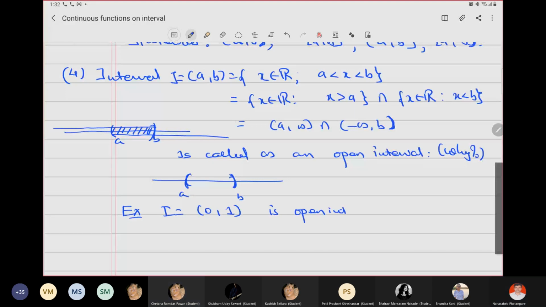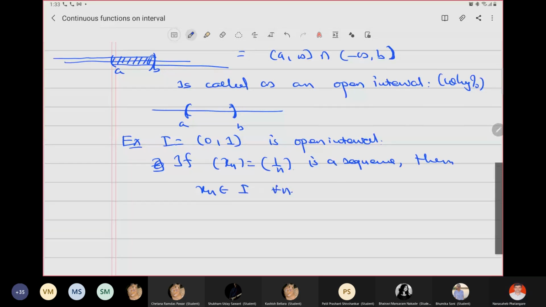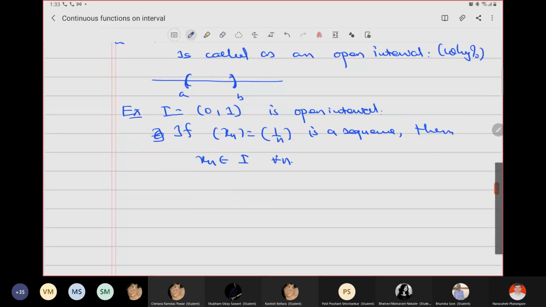Yes, sir. And what is the significance of saying that it is open? Because if I take a sequence xn is 1 by n, is this sequence in I for all n? Is it true?